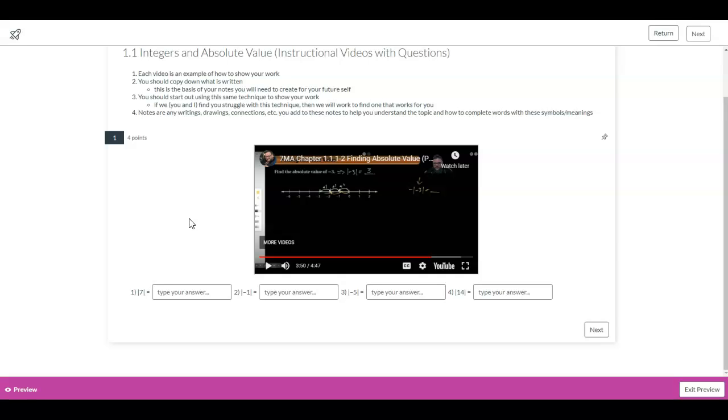Having them go out to Nearpod from Canvas, then potentially out to Big Ideas, which is our publisher, and their website for potential problems, and then maybe Edpuzzle, is a lot. The more I can embed in Canvas, the easier it is, the more focused I find the students tend to be, and the less lost they tend to get. So that's one reason I've chosen to do that on Canvas.